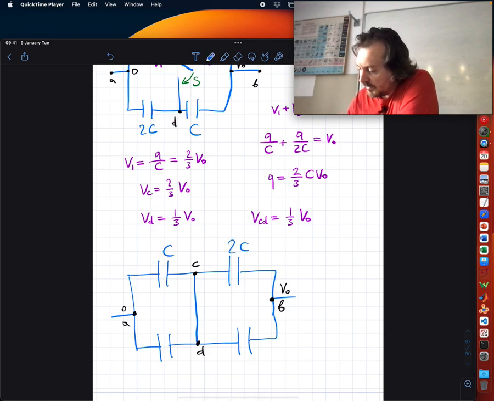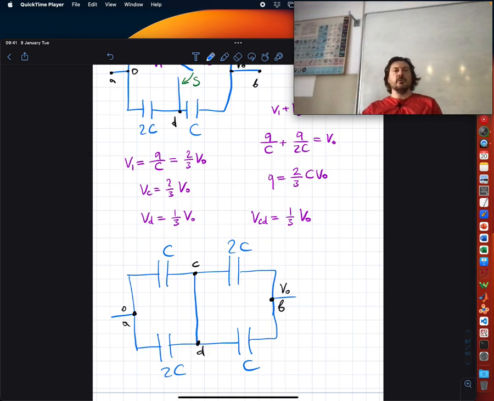C, 2C, 2C, C. So what do we do now? Don't worry about the current. There is no resistance. Just think in terms of potential differences and charges.